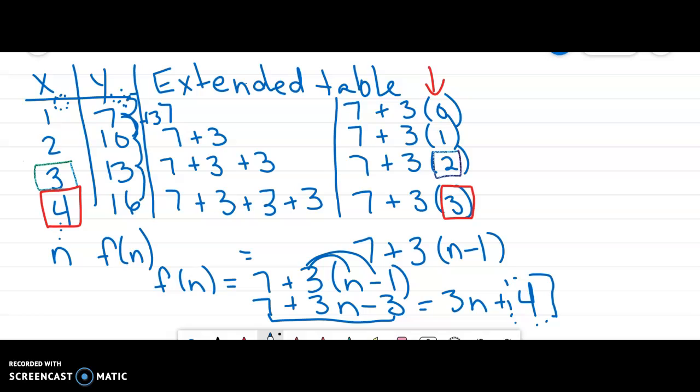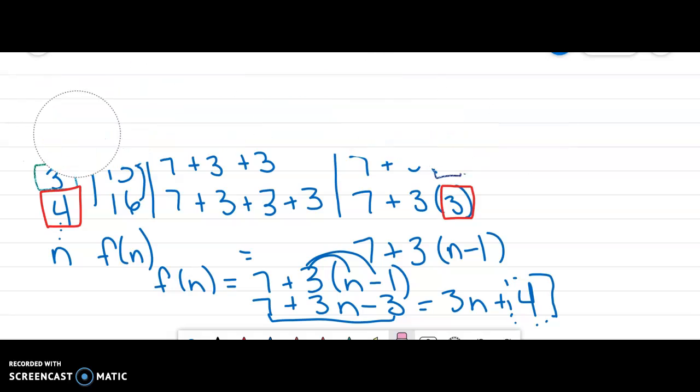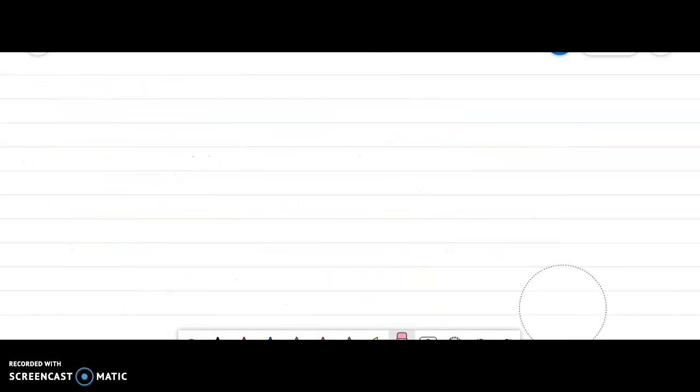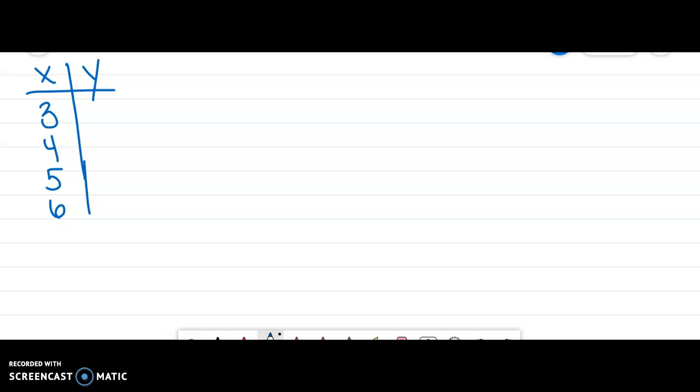Then later on in the homework, they gave us harder problems, and this was in the Go section of one of the homework assignments, where they would give you a table, and they would maybe start with the third term, something like this. And they would have a pattern that was growing by a constant rate of change or had a nice common difference. So I'll come up with an easy one.